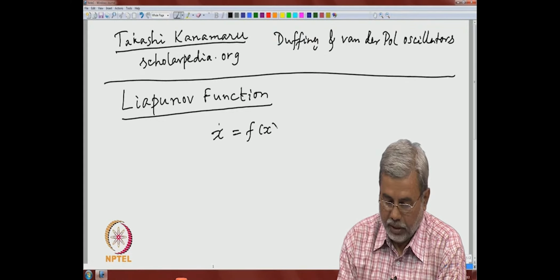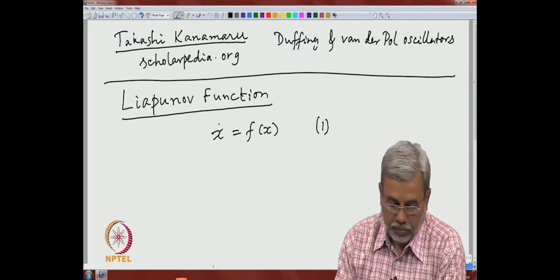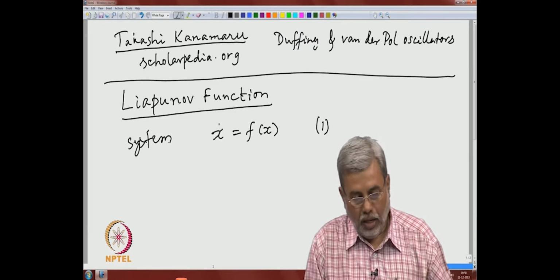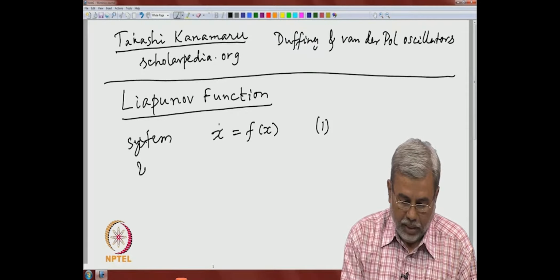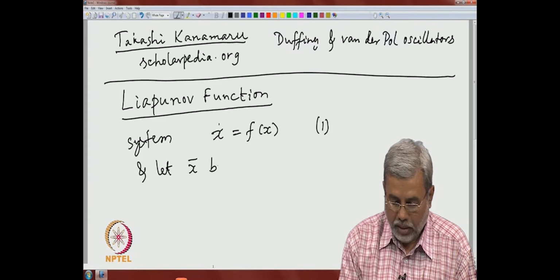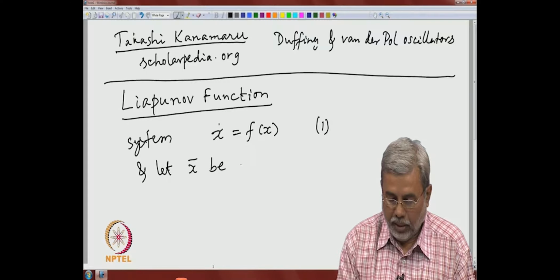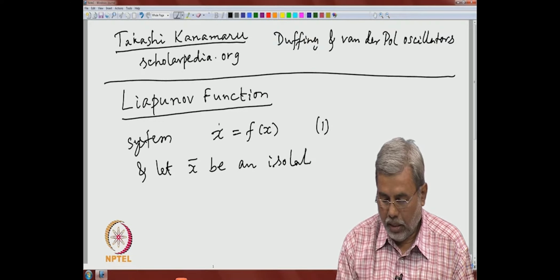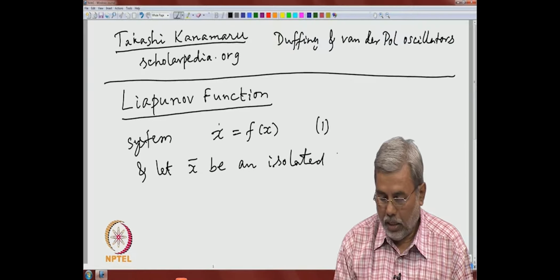So, this is our standard system. And let x bar be an isolated equilibrium point.